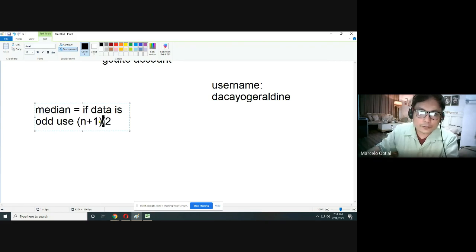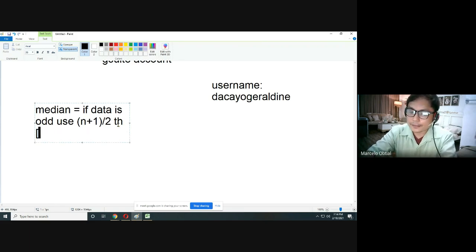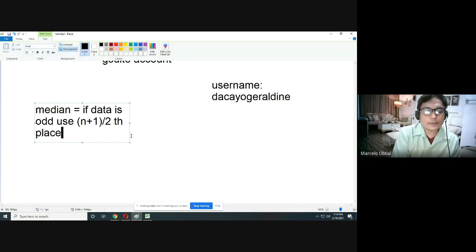Then the answer here is the place, not the value, but the place. For example, yung problem natin kanina, 6 ang lumabas dun sa ating formula, naka 6th place siya after you arrange from the lowest to the highest.